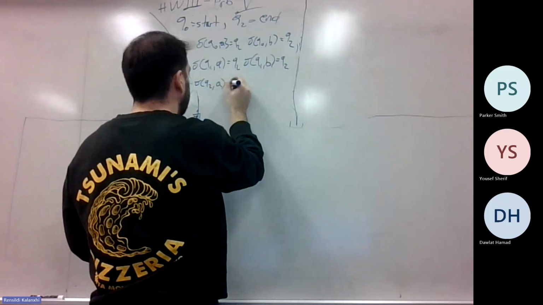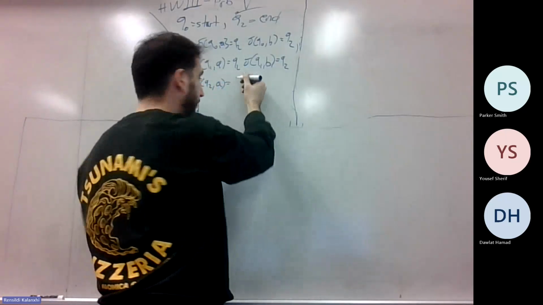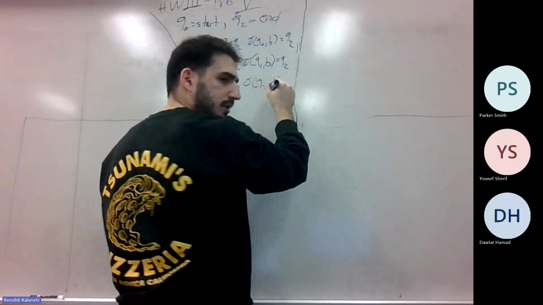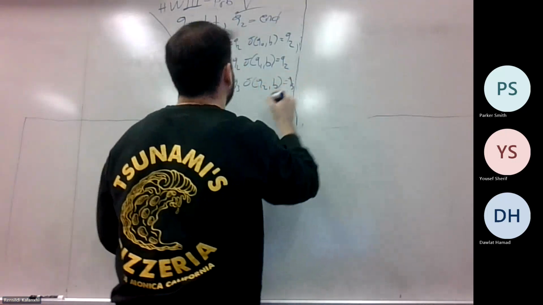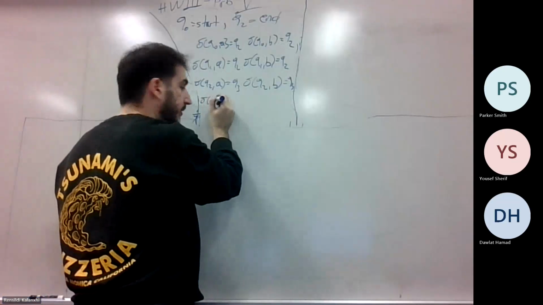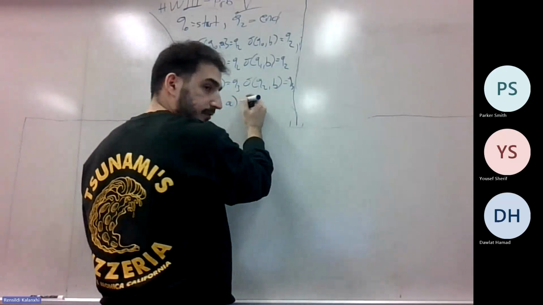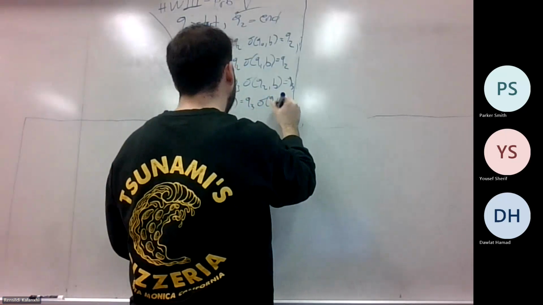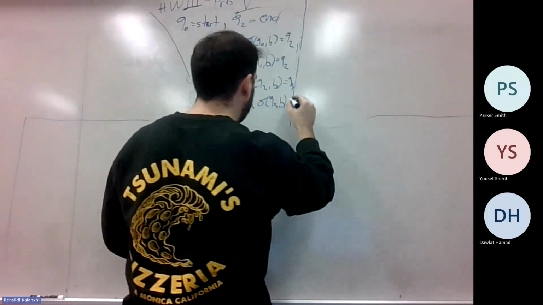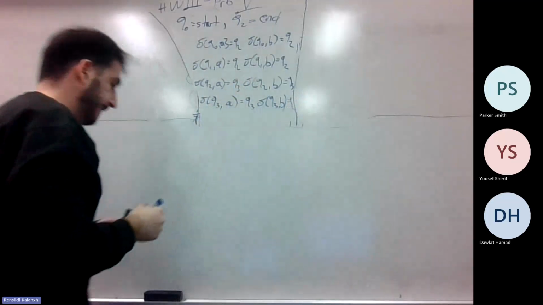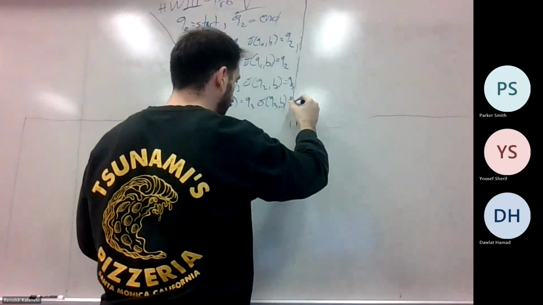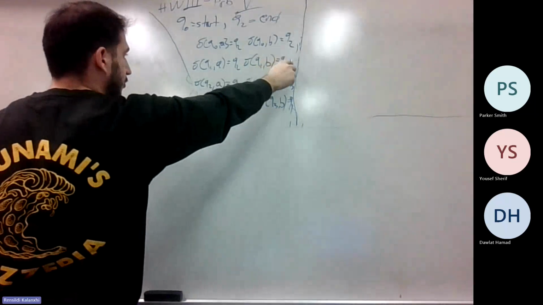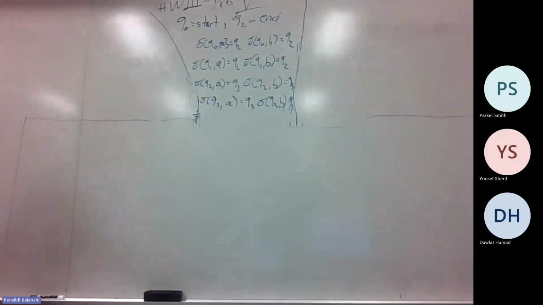Q2, A to Q3, and Q2, B to Q3. Q3, A to Q3, and Q3, B to Q1. Okay, this is Q1, by the way. Q2, Q3, Q1.